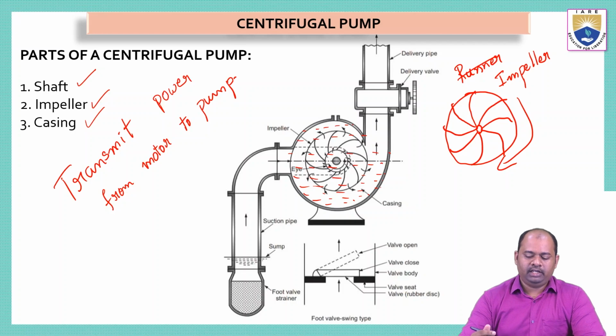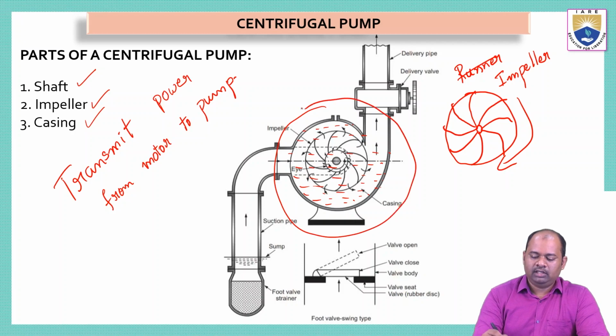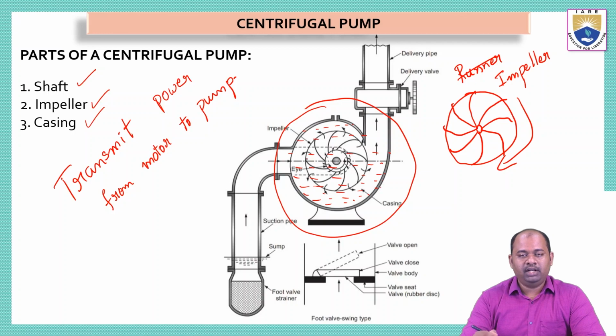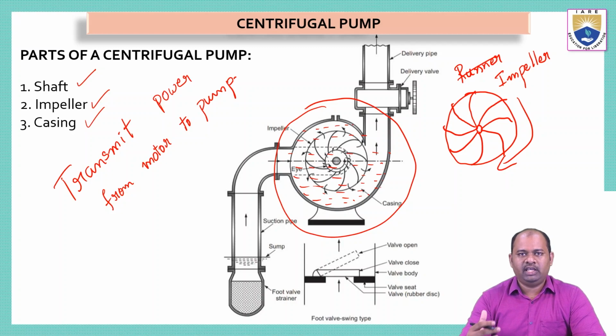Okay, and the third part, we have a third part here, casing. That means this entire thing which is closing the impeller and entire shaft arrangement, this entire thing is called casing. So the function of a casing is to hold the water.